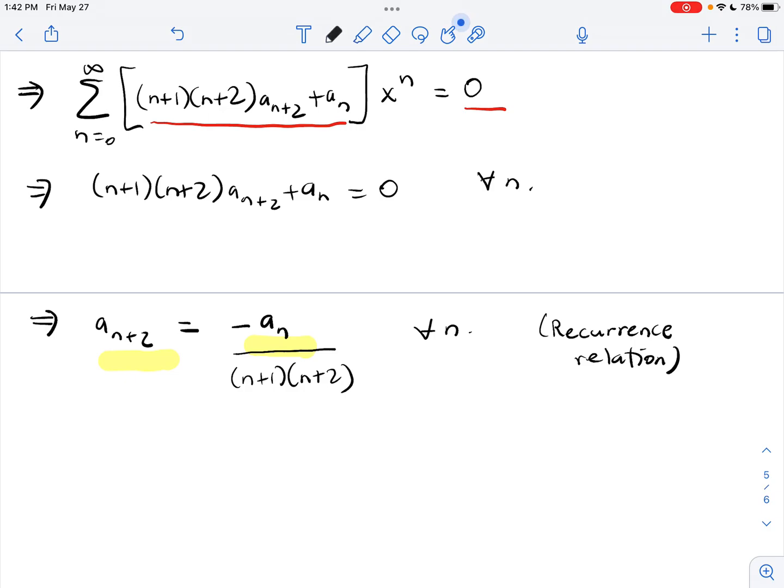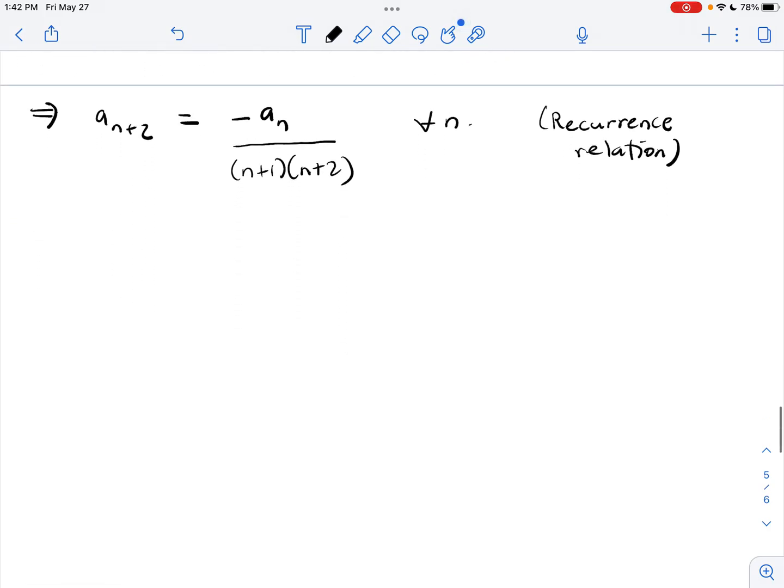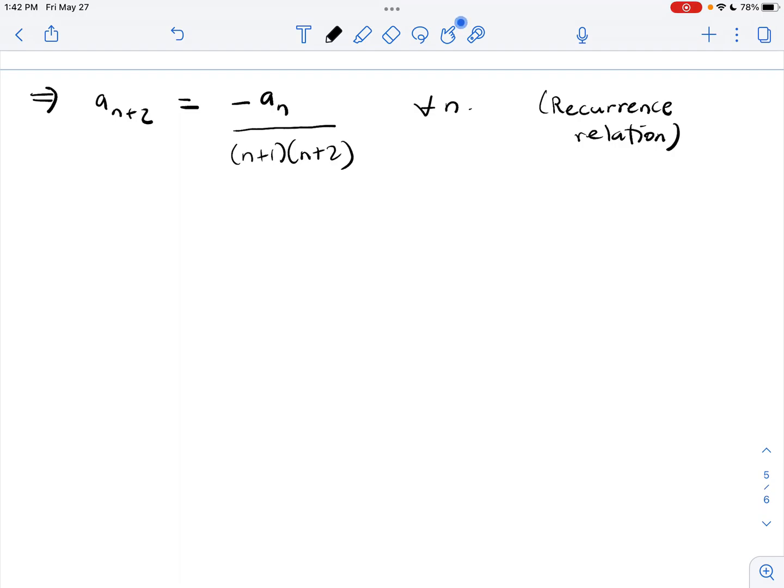Okay? Now, here's the thing though, if we go up by 2, then that actually means that our even terms and our odd terms are going to depend on different things, right? So we actually have 2 cases here to consider.